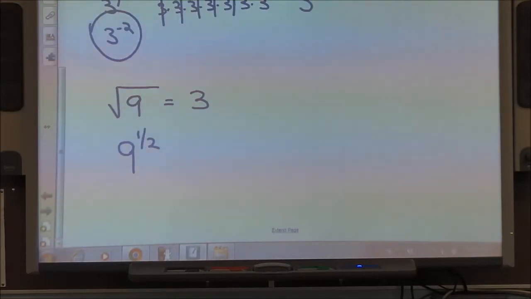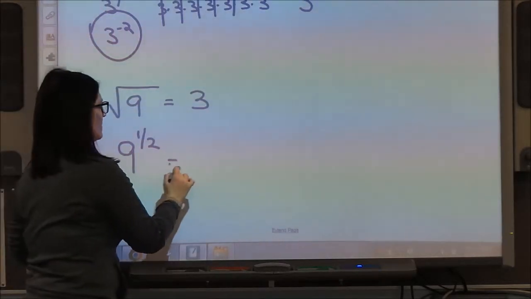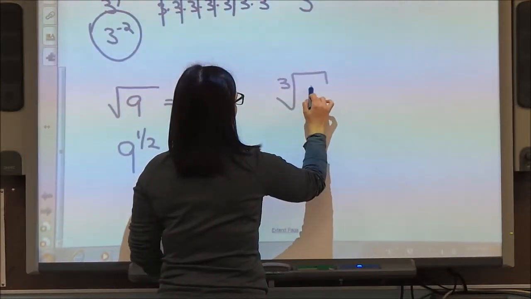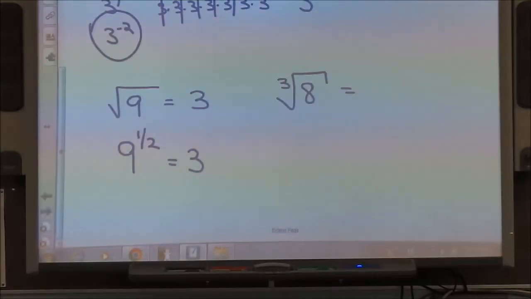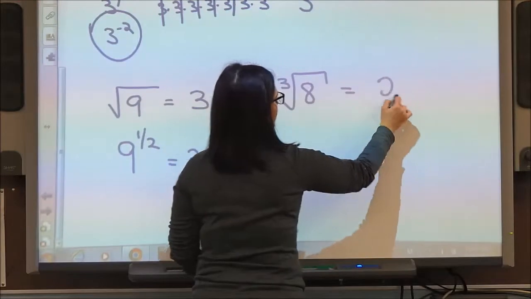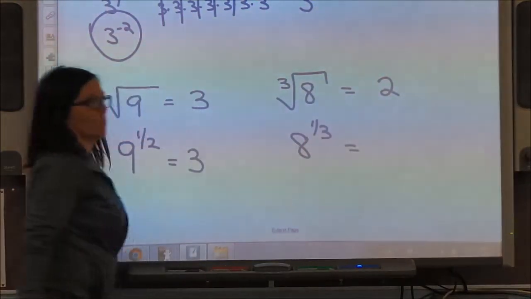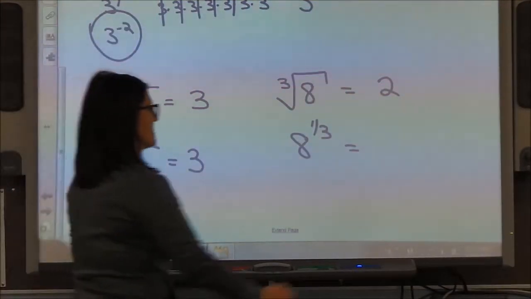Put the 1/2 in brackets when you put it as an exponent. 3. What's the cubed root of 8? 2. What about 8 to the 1/3? 2.